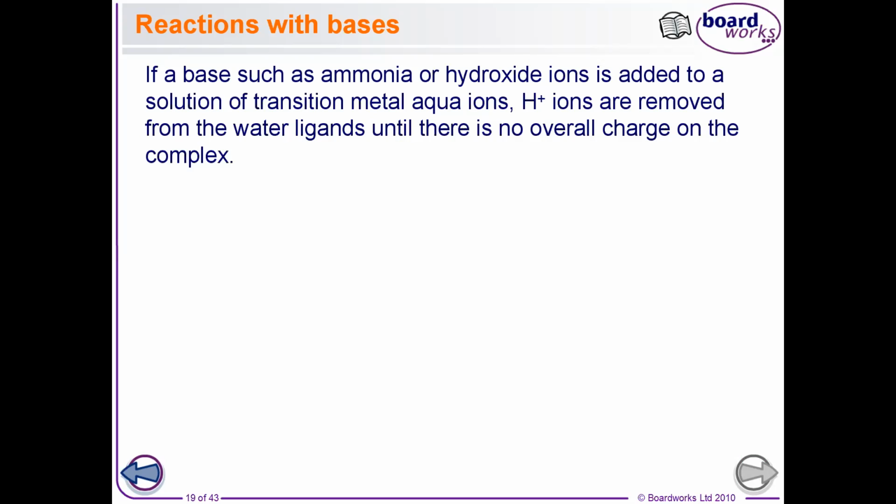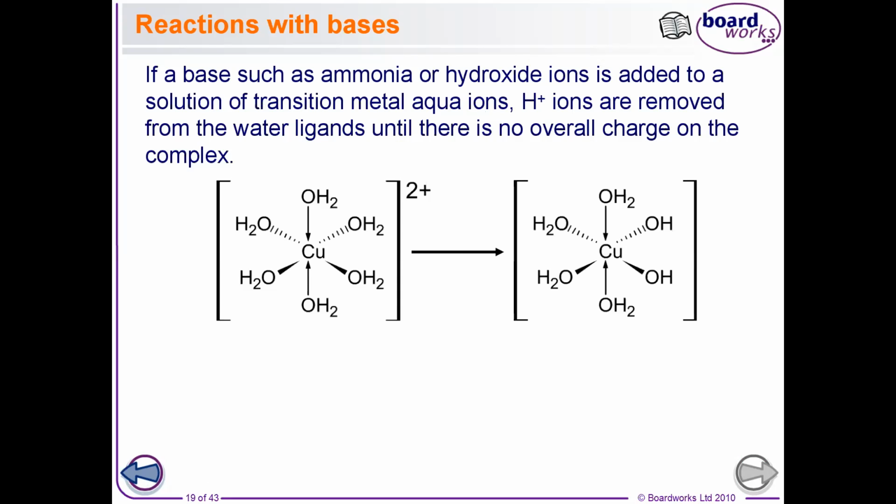If a base such as ammonia or hydroxide ions is added to a solution, just like the experiments that we have seen yesterday, H plus ions are removed from the water ligands until there is no overall charge on the complex. So the overall charge will become zero.